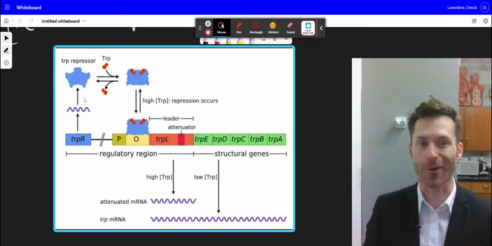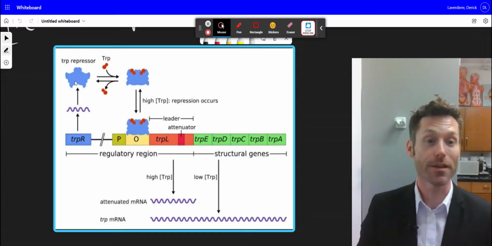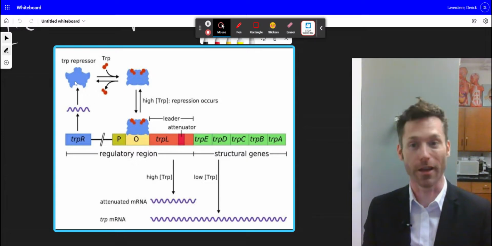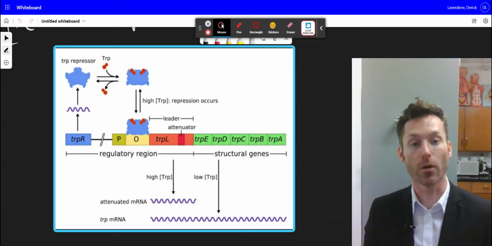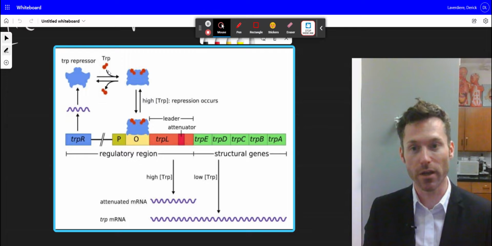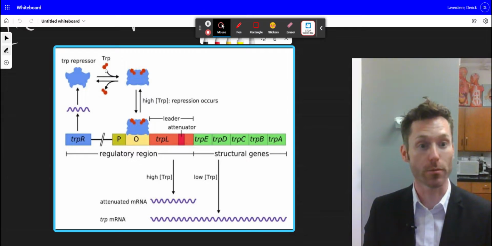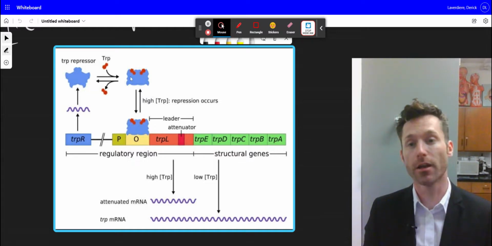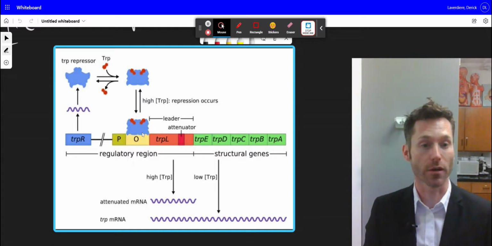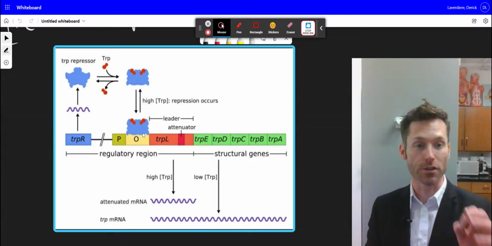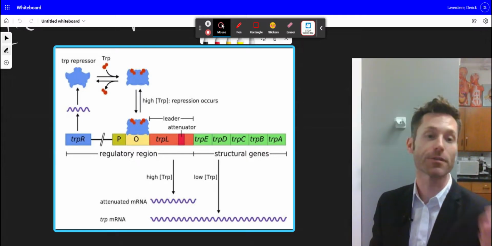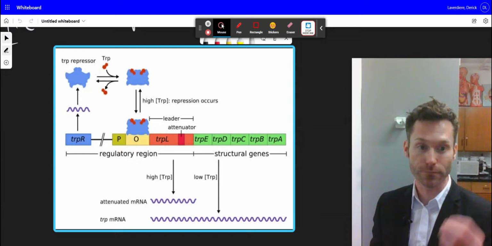All right, so reset. This is a repressor, right? It does not fit right now. In order to make it fit, we need to add the co-repressors. Right? We shove co-repressors on them, it changes the shape of this protein, and that protein now fits onto the operator, blocks the gene, represses the expression of this operon.